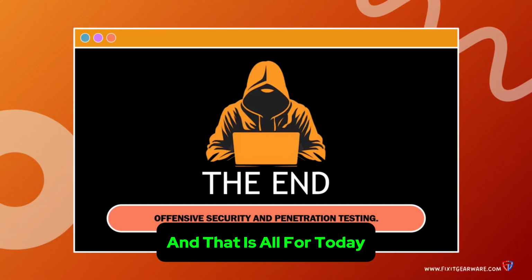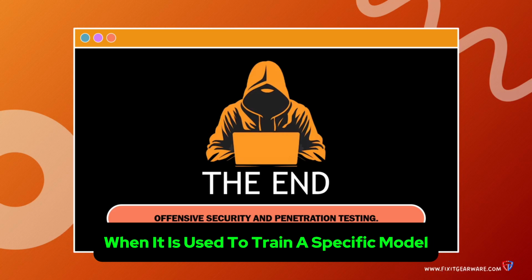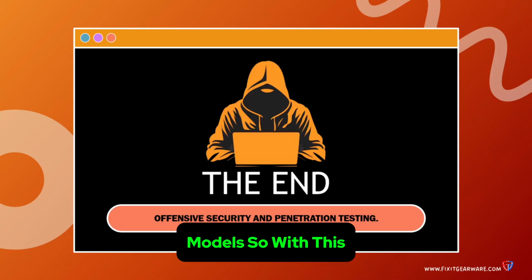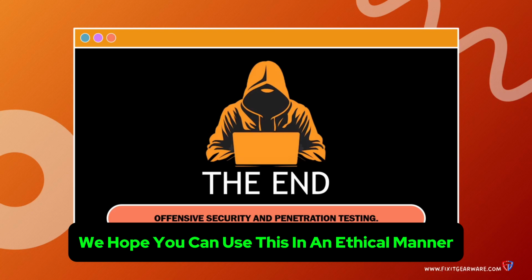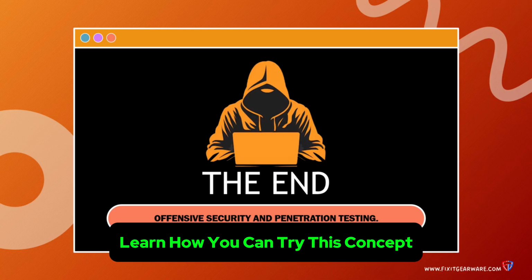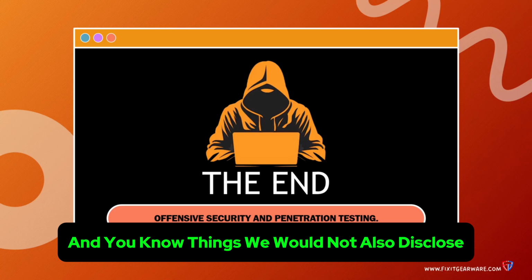And that is all for today on AI being biased and its data being unreliable when it is used to train a specific model, and how you can carry out prompt injections in AI models. So with this, we hope you can use this in an ethical manner, learn how you can apply this concept to even expose more information regarding cybersecurity training and things we would not also disclose due to security reasons.